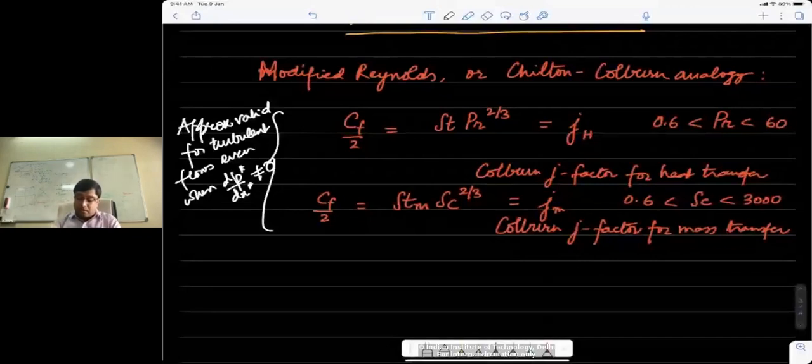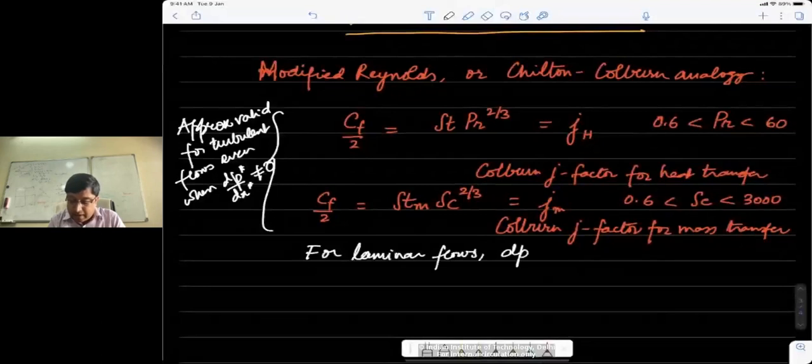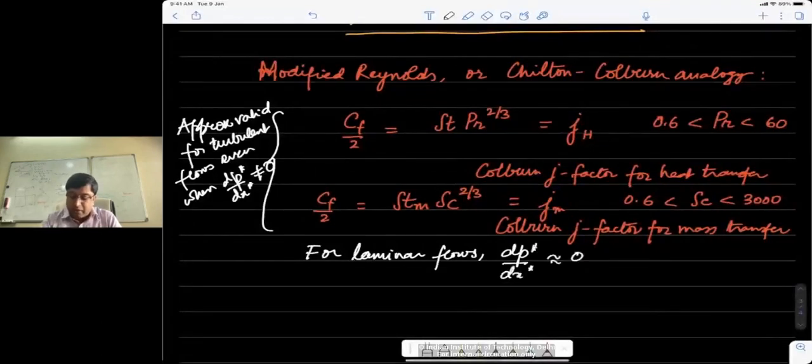But for laminar flows, this analogy can only be applied when dp star dx star is a very, very small number, so I would say nearly approximately zero.